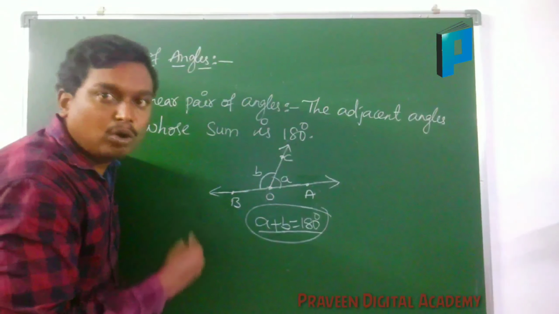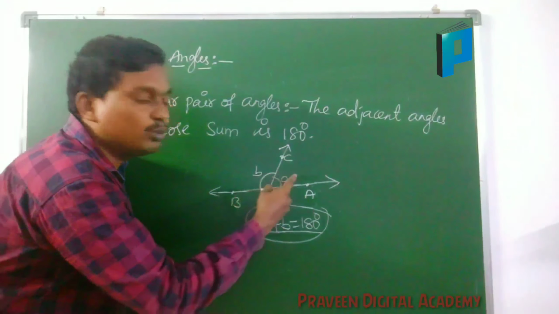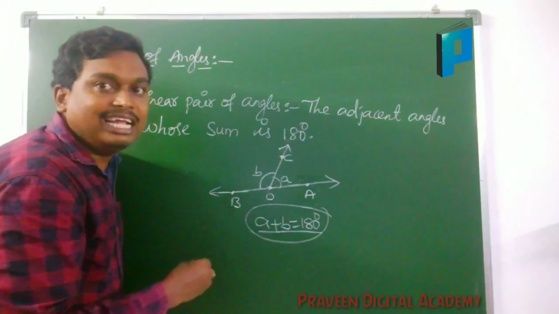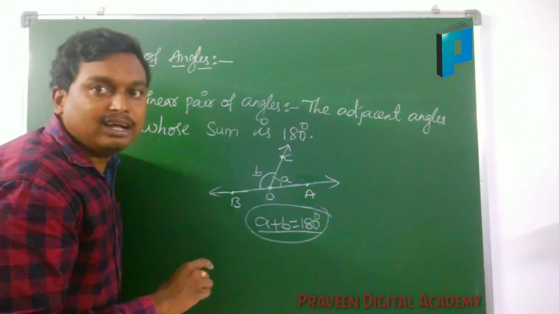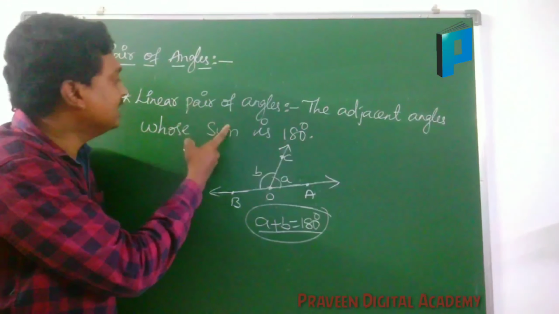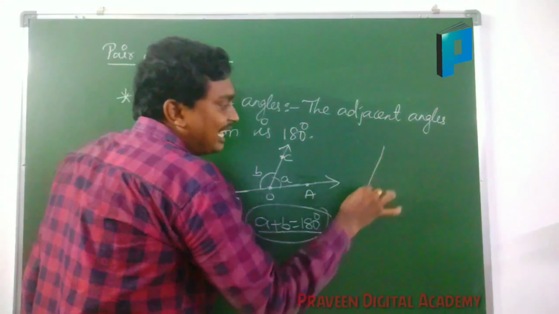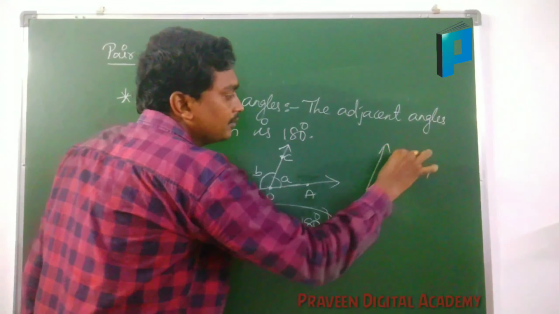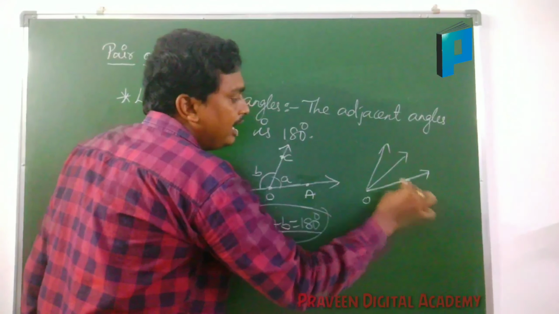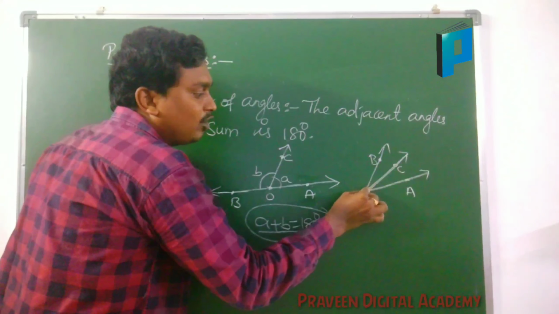Linear pair of angles are also adjacent angles, but the sum of the two angles should be 180 degrees in a linear pair. Whereas in adjacent angles, the sum of the two angles may be anything. If the sum of the two angles is equal to 180 degrees, then we can say such angles are a linear pair of angles. Adjacent angles will be like this: O, A, B, and this is C. Adjacent angles will have a common ray and a common vertex.